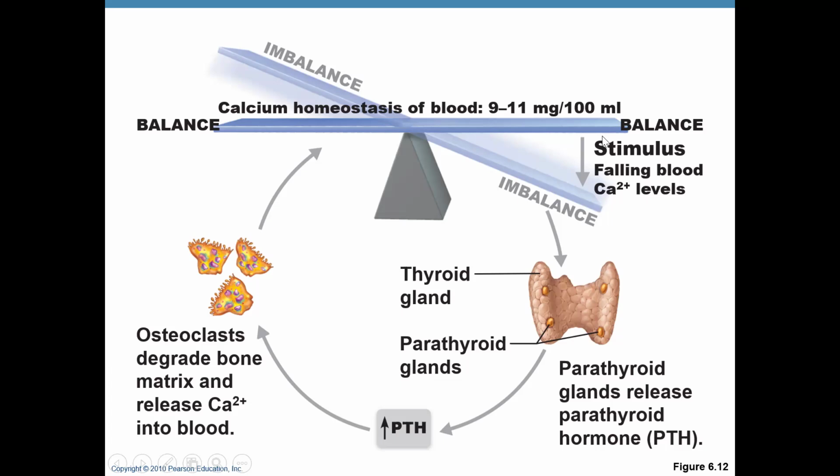So should calcium levels fall below normal in the bloodstream, these parathyroid glands will release the hormone called parathyroid hormone, which will travel eventually to your skeletal system and cause osteoclasts to start breaking bone down to release calcium into your bloodstream to bring calcium levels back to normal.